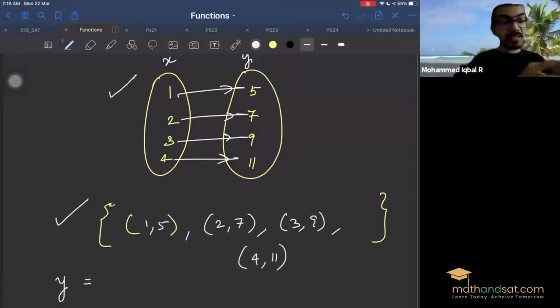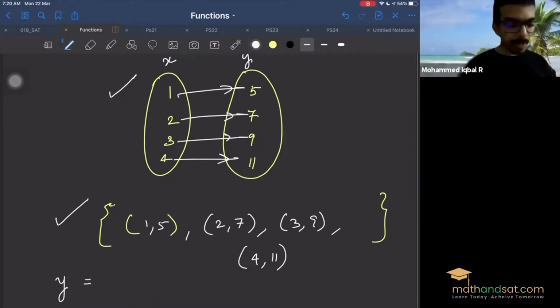So there will be an expression in terms of x and y that shows the relationship between x and y. For a linear function, how to derive that expression, we will see soon.